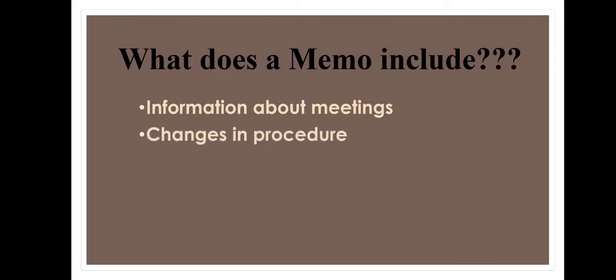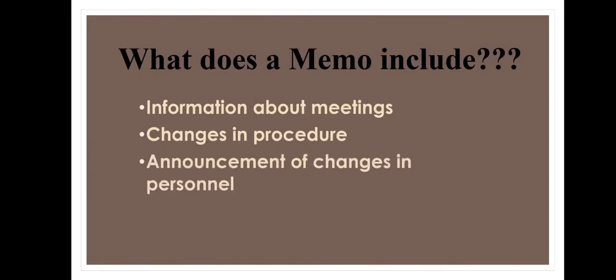Next, a memo is written when there are changes in the procedure of a project. If you are running a project and you want to change its procedure, you write a memorandum to communicate with all of your co-workers, so that everybody is familiar with what things you are going to amend or change.